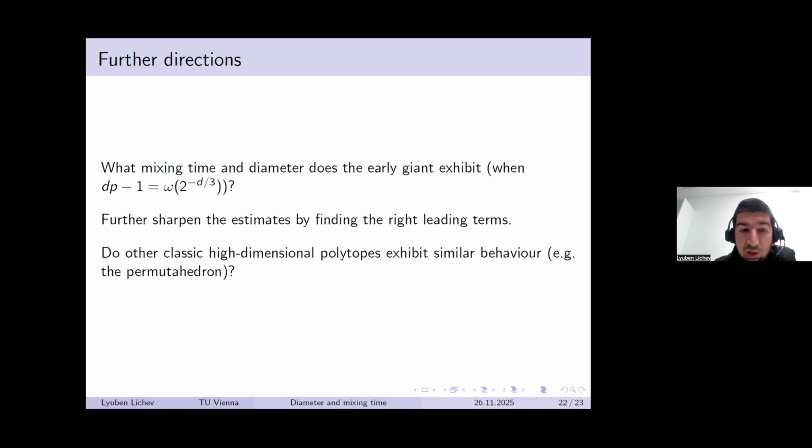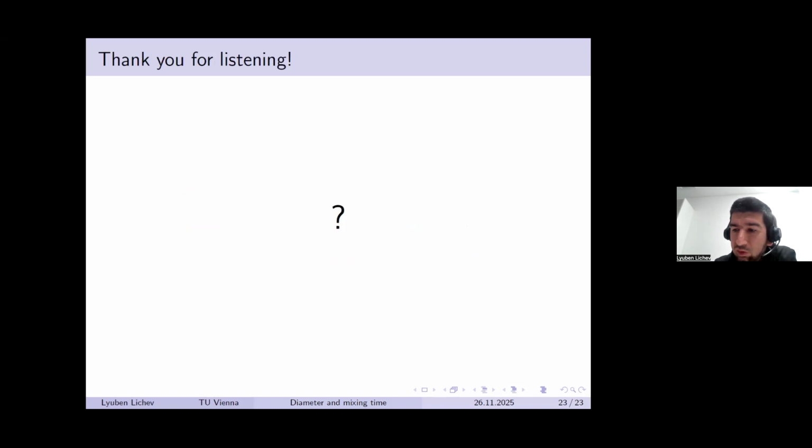This has been quite studied as a nice polytope, but I don't think that people have looked at its expansion properties even without percolation. So that's also one possible direction. And upon this, I'd like to thank you for your attention and I'm happy to answer any questions.